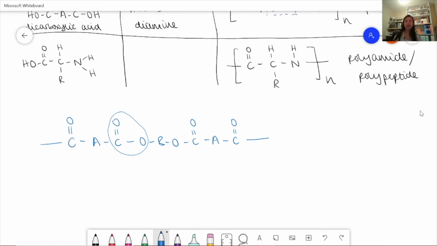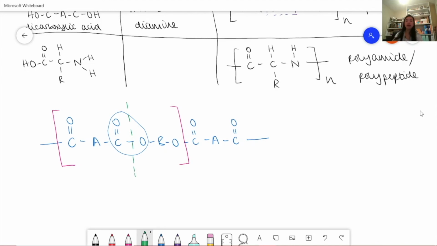So if we had an ester that looked like this, the first thing to do is to start with the repeating unit. The repeating unit is from here all the way to here, because after that it just continues to repeat. And then what we do is we break the linkage. This is a polyester, so we break it at the CO bond. So we break it here.